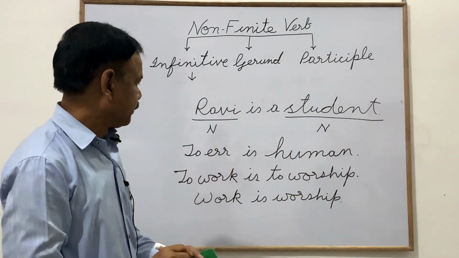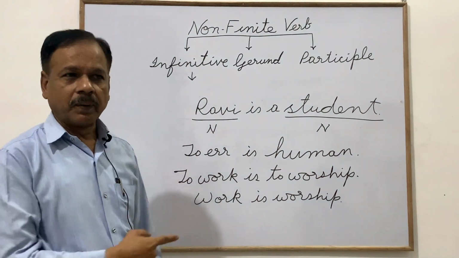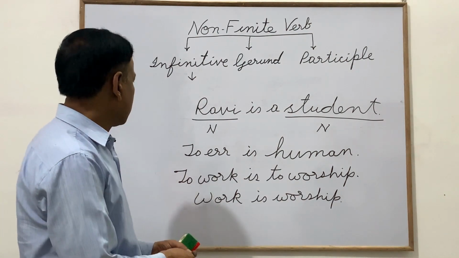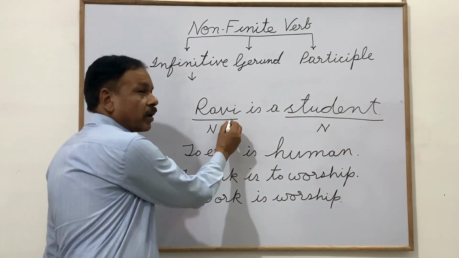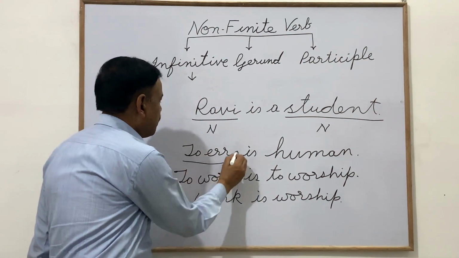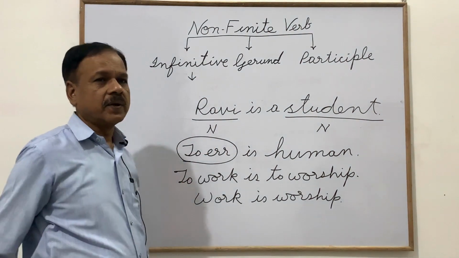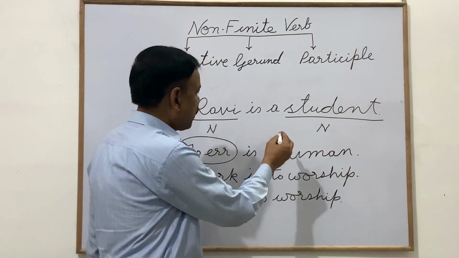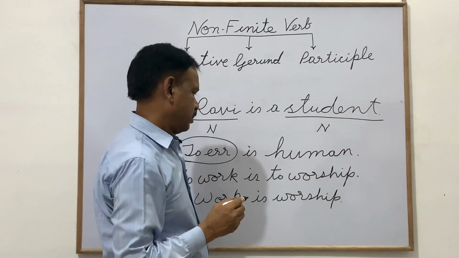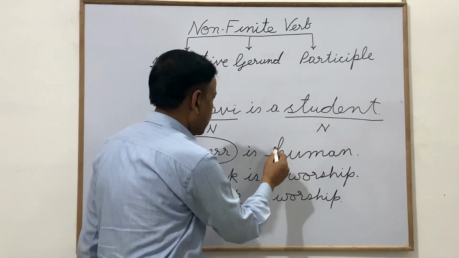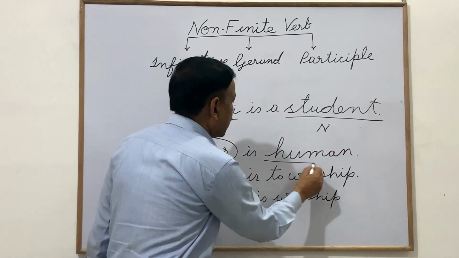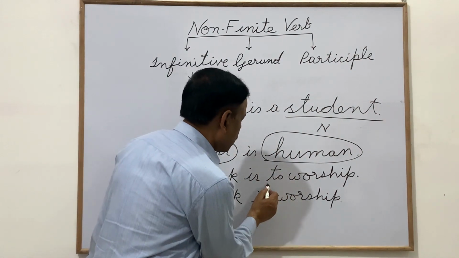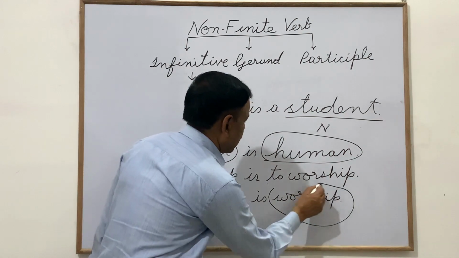Now see, what do we do? Just where we were using Ravi, in the same place we have this infinitive, to work. And just where we were using a student, here we are saying to worship, or you can say this also.